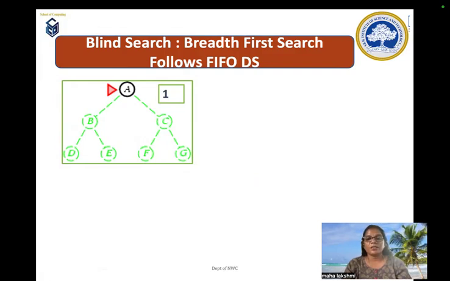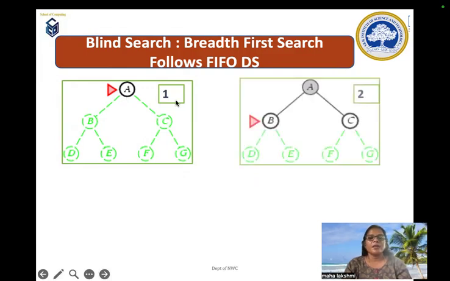In breadth first search, level by level, all the nodes on a particular level will be explored, then it goes to the next level. It will not search depth-wise through all the children of a particular node. Instead, all the nodes in the particular level are explored first, and only then does it go to the next level.